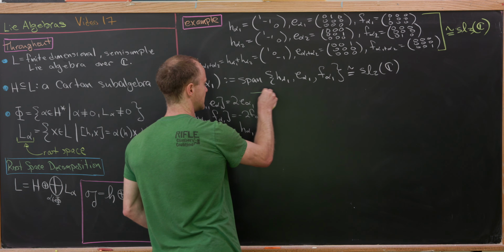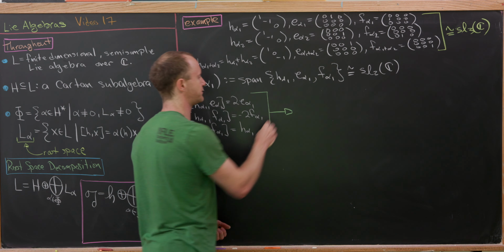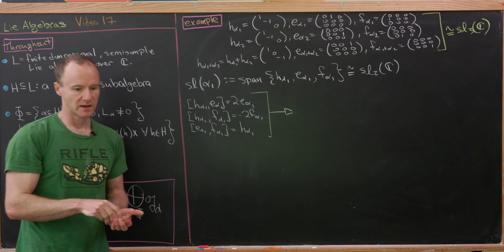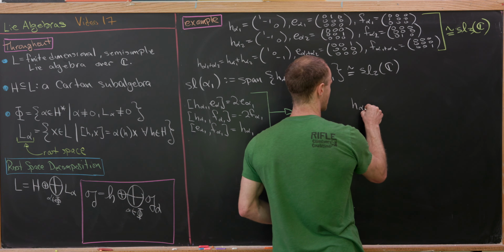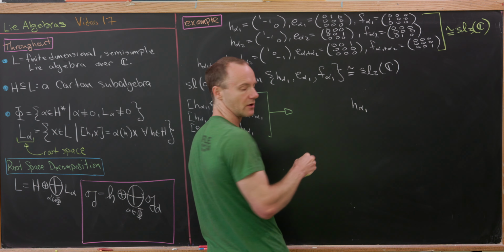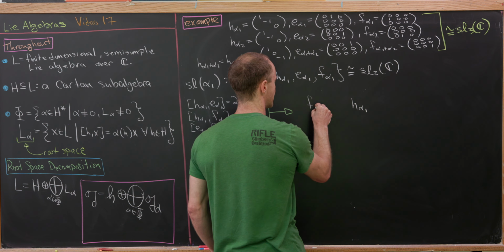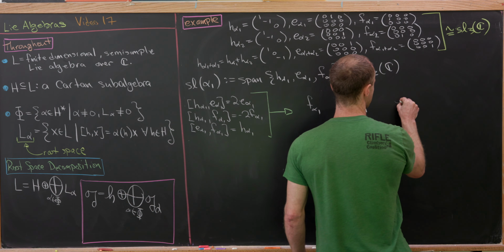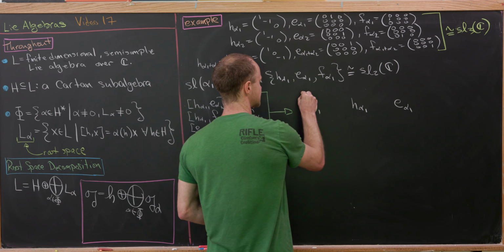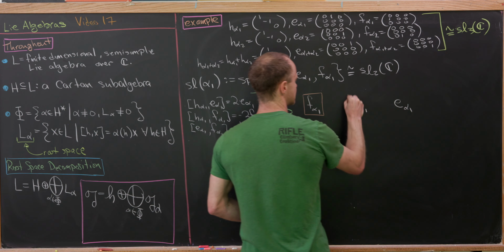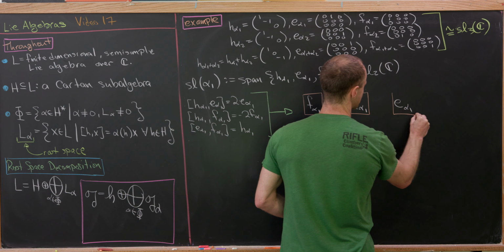Great. But then let's recall the picture that we had, and the picture went something like this. I'm going to put an H alpha 1 in the middle. Over here on this side, I'm going to put an F alpha 1. And over here on this side, I'm going to put an E alpha 1. Then let's put some boxes around each of these.